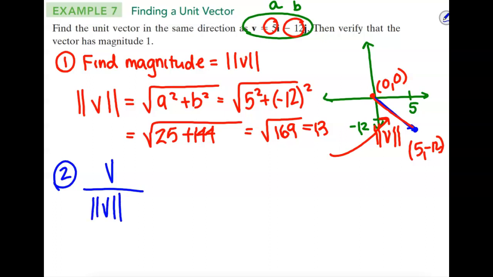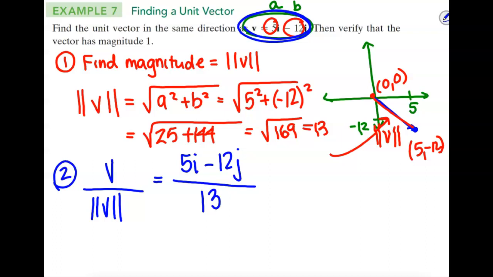So the vector is up here in the green that I had circled before. So that's 5i minus 12j. And you're going to divide it by the magnitude, the length, 13.